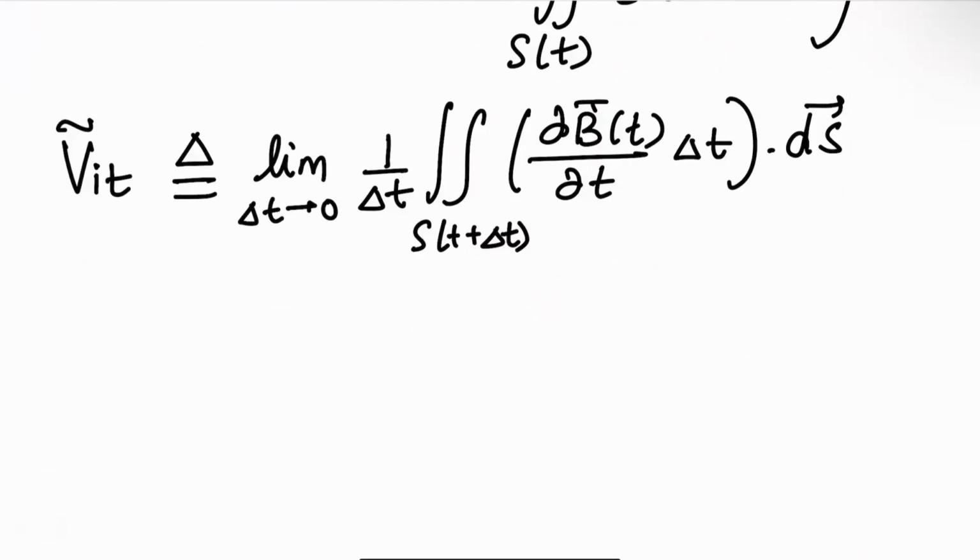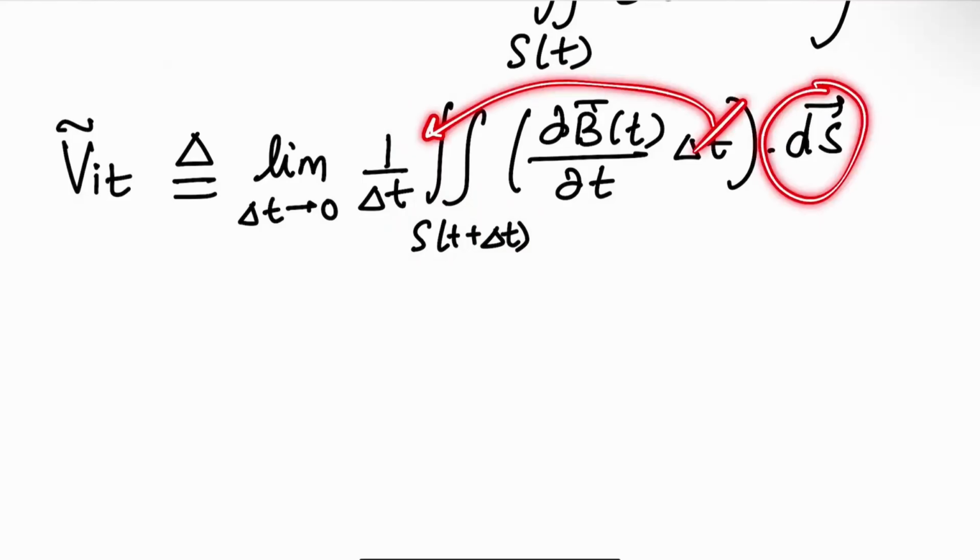Okay. This delta t term that we have here is a constant, right? Delta t is a constant because we make a small shift in delta t and it's fixed. Which means I can pull it out, because we're not integrating over delta t, we're integrating over the surface. So it's constant with respect to this integral.